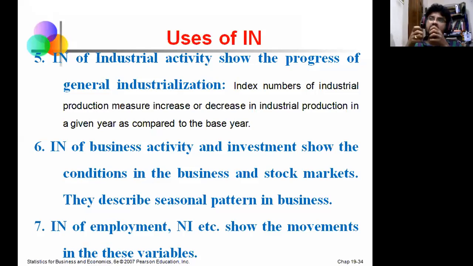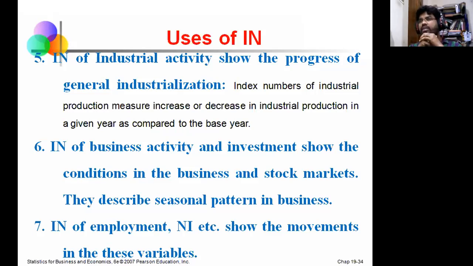And if you take national income, whether the national income is progressing, or is negative, an increase or decrease. For example, if you take corona, before corona and after corona, we will see whether there is any progress in national income. For example, before corona it was 1,000 crores, and after corona it may be 800 crores.